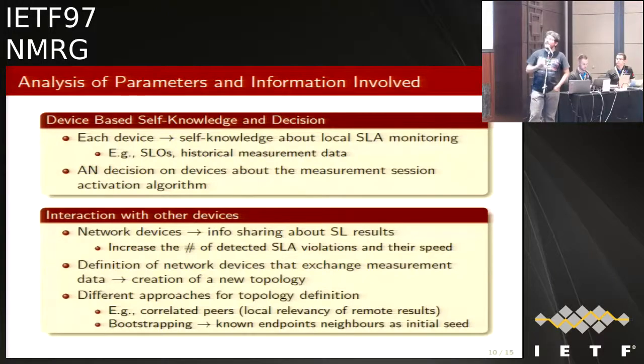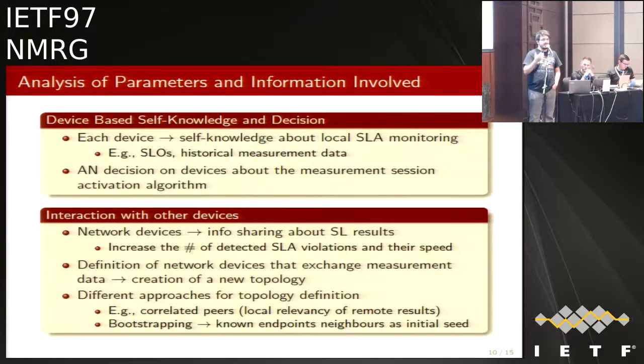We also performed an analysis of the parameters and information involved. First, it's necessary to have some device-based self-knowledge and decision as an autonomic solution. For example, each device may need to store the SLO and the historical measurements, considering our approach, and also the decision on each location in the network and which flow needs to be measured can be performed in a distributed way.